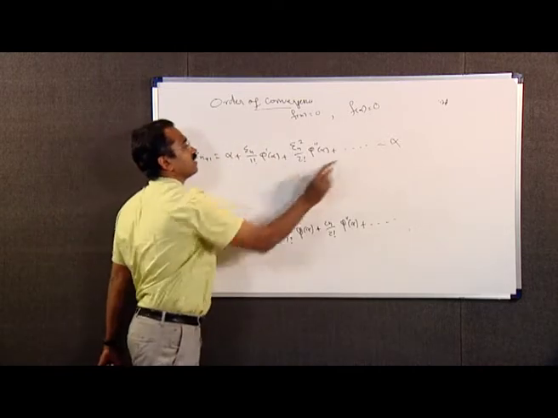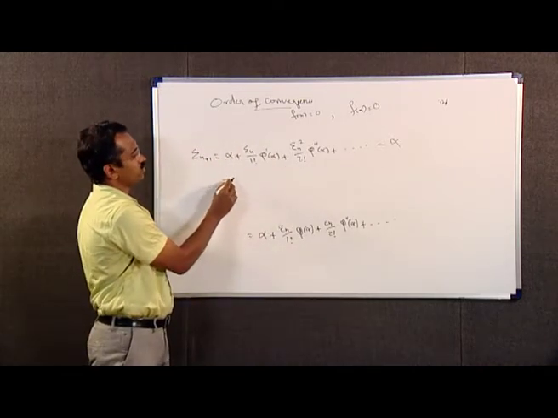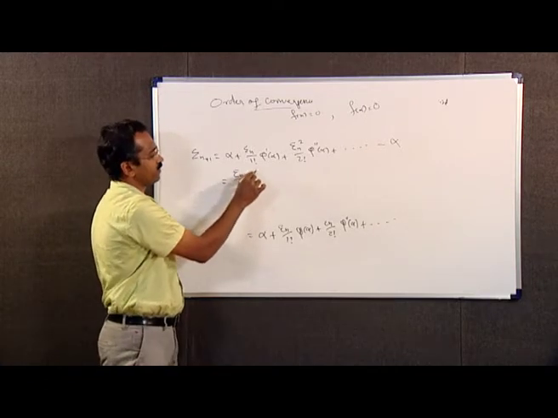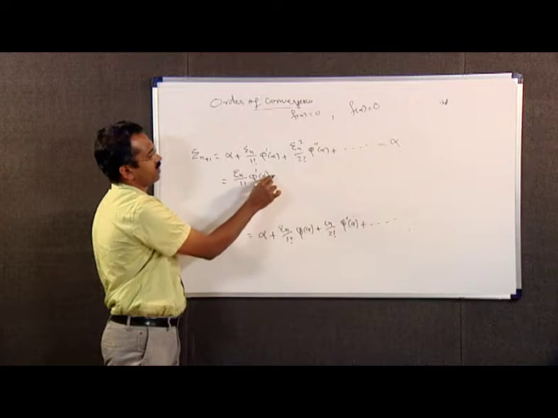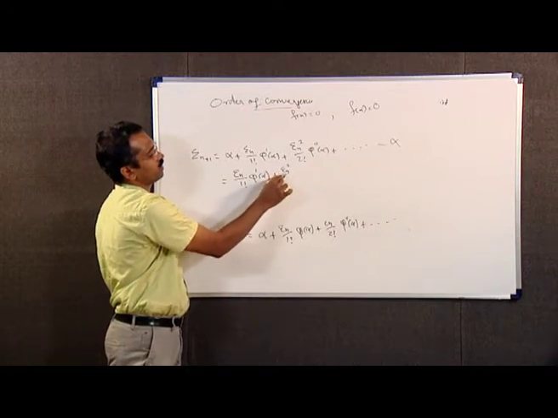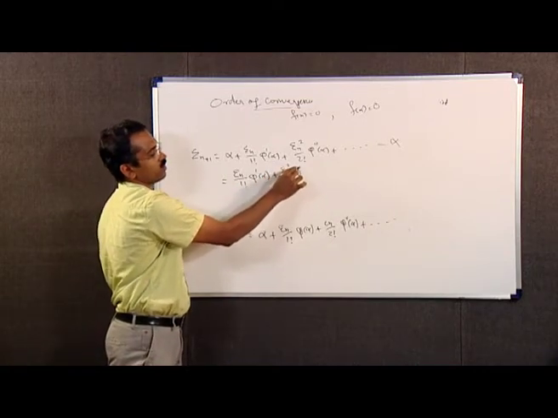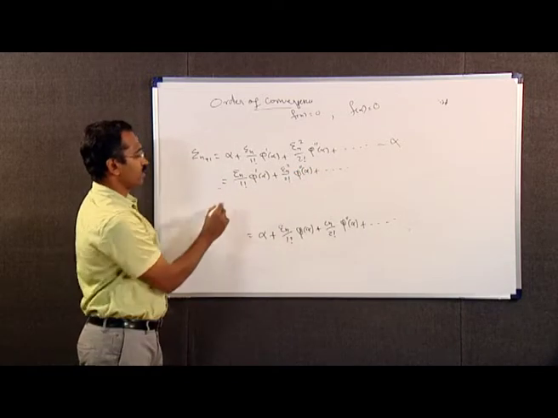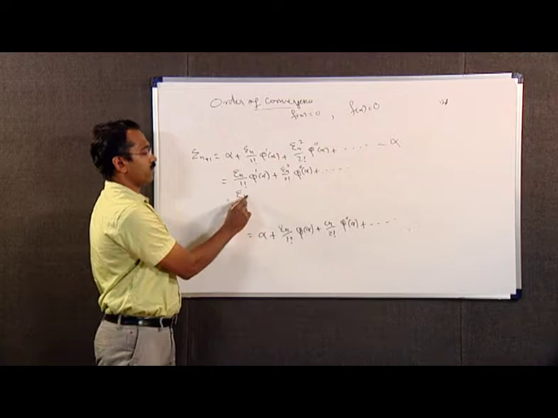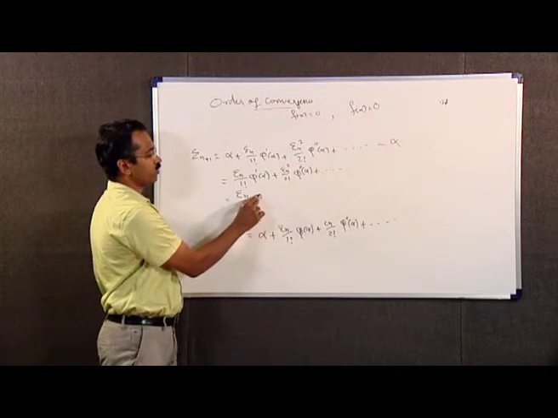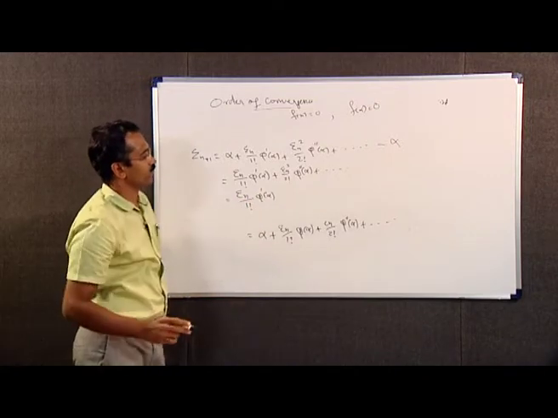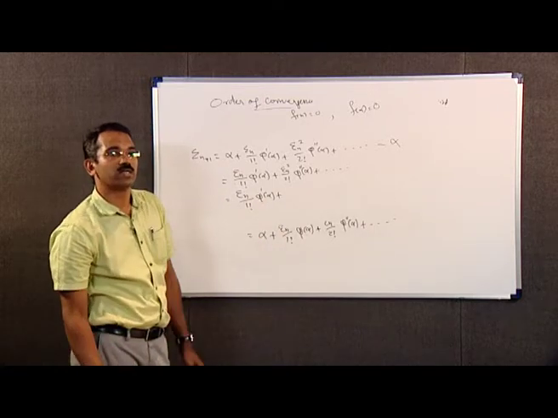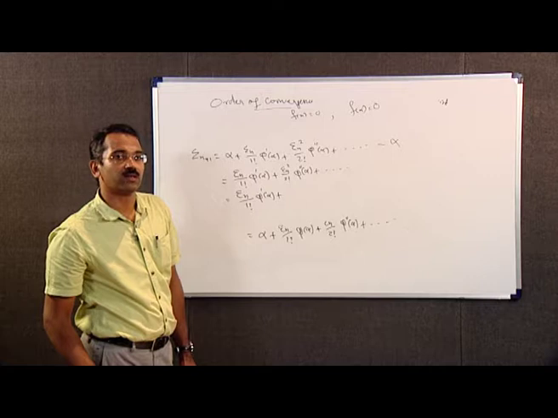Alpha minus alpha is equal to 0. Therefore, this is equal to epsilon n by 1 factorial into phi dash of alpha plus epsilon n square divided by 2 factorial into phi double dash of alpha.